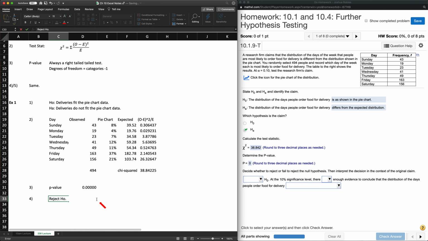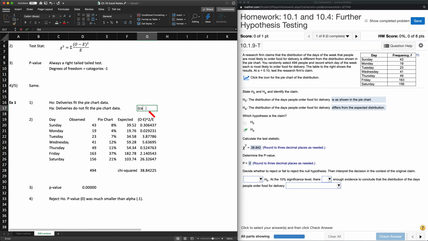Our p-value, which was right now almost 0, was much smaller than alpha, at 10% right now. Okay, we forgot to write down the claim. We did do it over here.